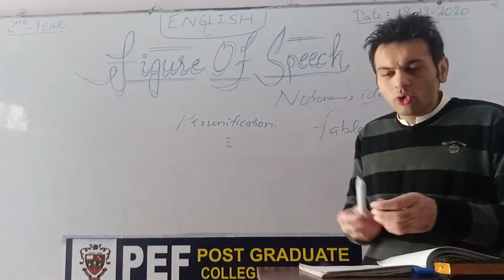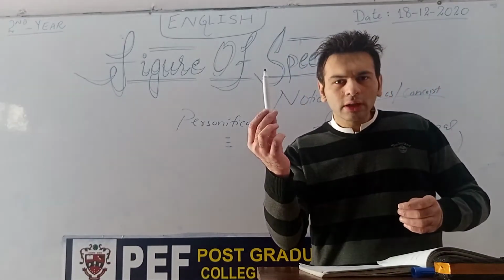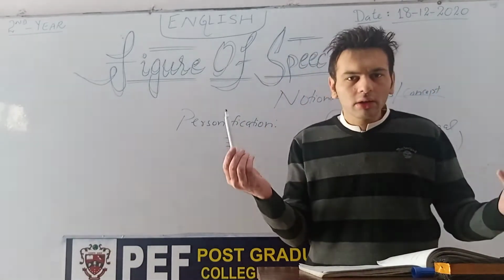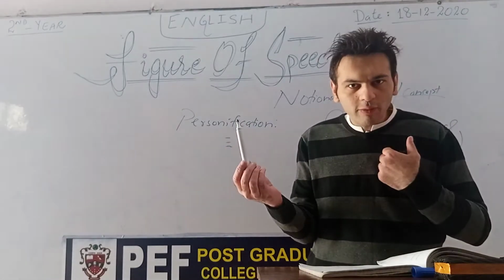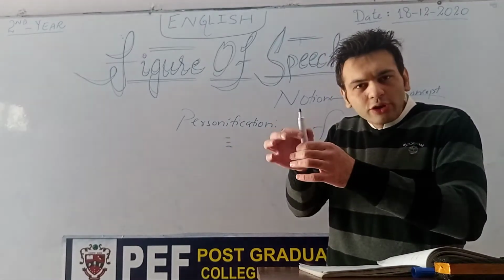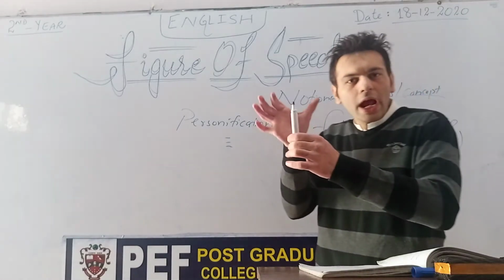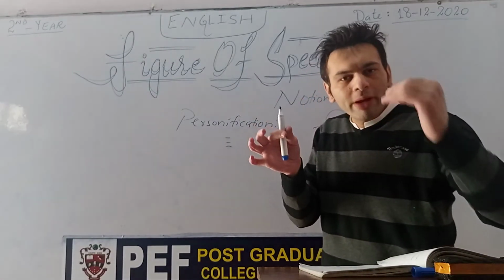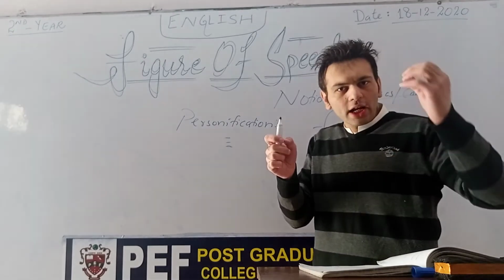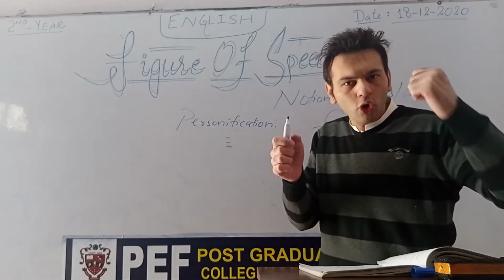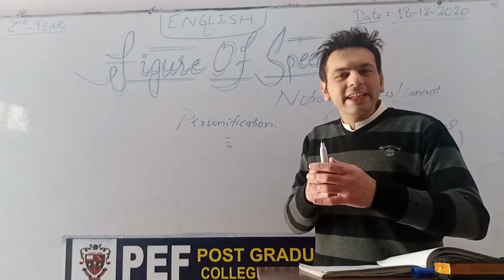अगर मैं आपसे कहूं that this marker was dancing, you won't believe it, I won't believe it, but it is actually personified now. This particular object has been attributed with humanly qualities. गुस्सा करना, नाचना, बात करना, रोना, खाना, पीना, ये क्या है?